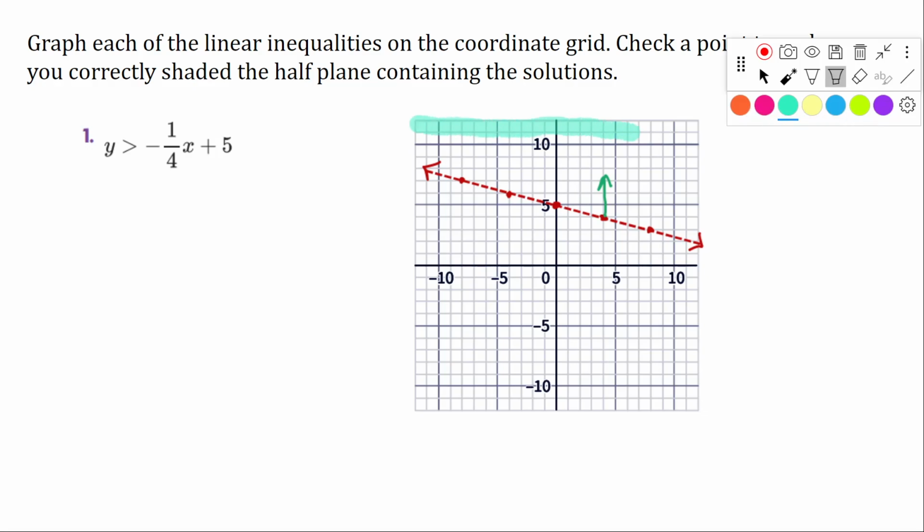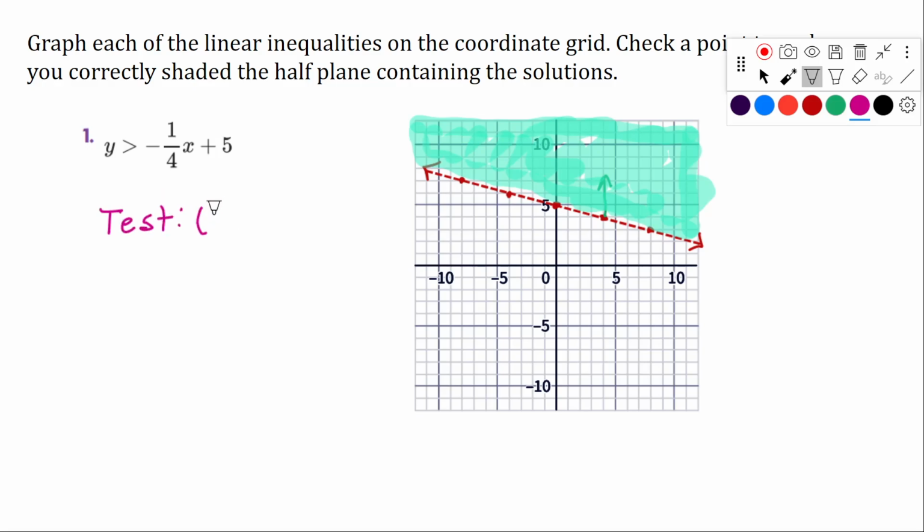So anything in this region is part of the solution set. And again, you could take a point and test. To show the testing, I'm going to actually take a point that doesn't fit in the region. I'm going to take 0, 0 and test to see if that is true.